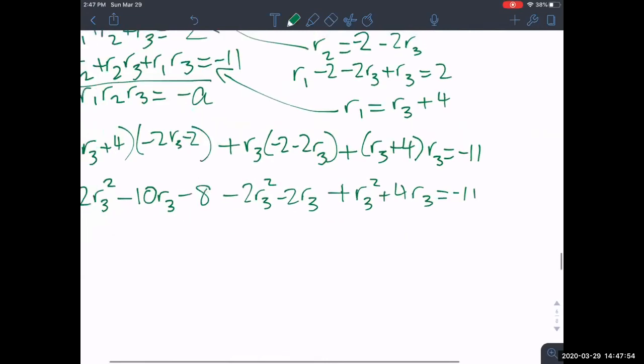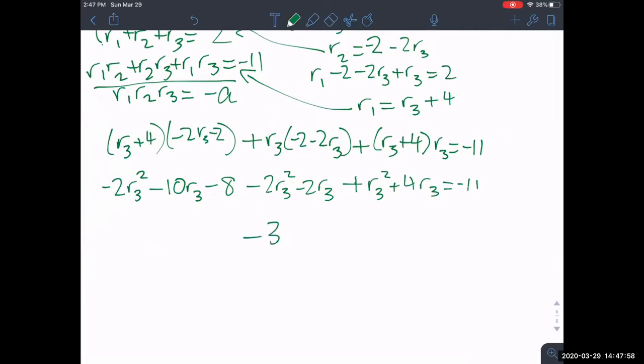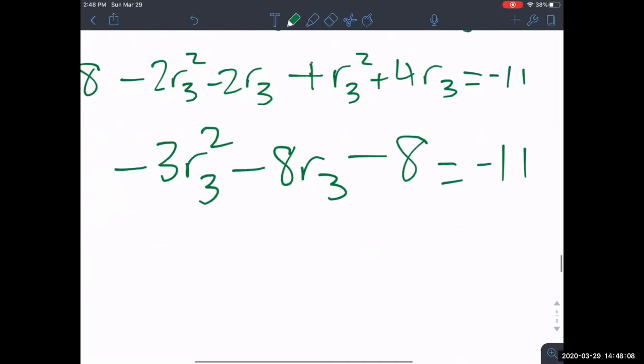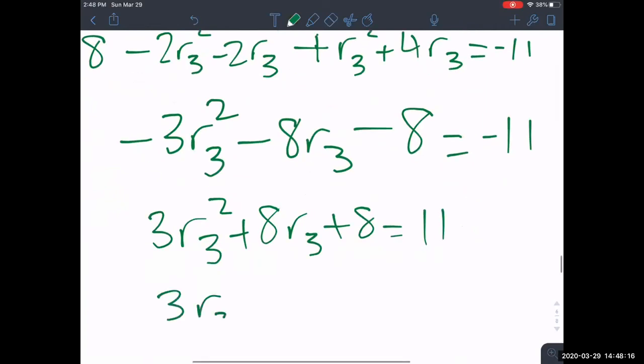All right, there's that. Now let's combine like terms. So we have negative R3 squared. Then there's that to get negative 8R3, negative 8 is equal to negative 11. We'll make everything positive. So 3R3 squared plus 8R3 minus 3 is equal to 0.